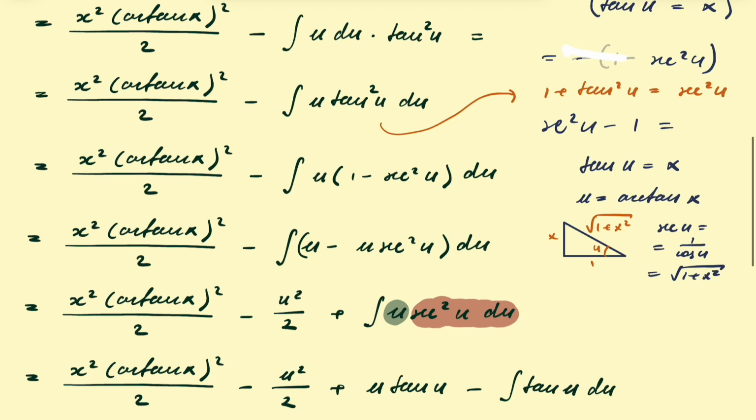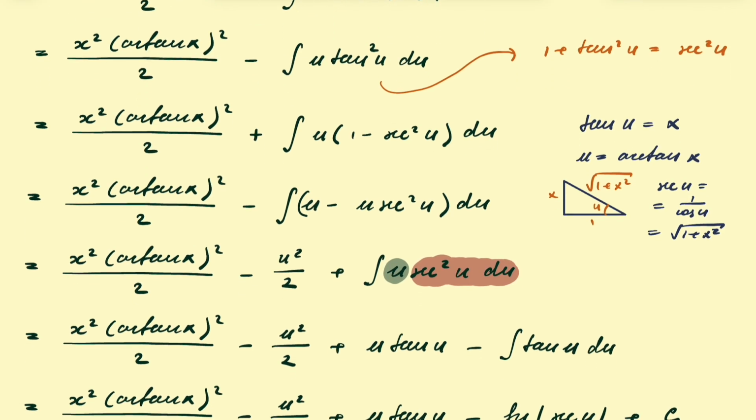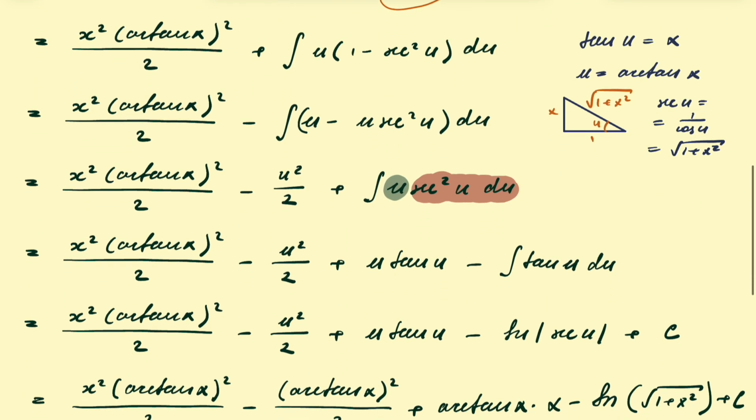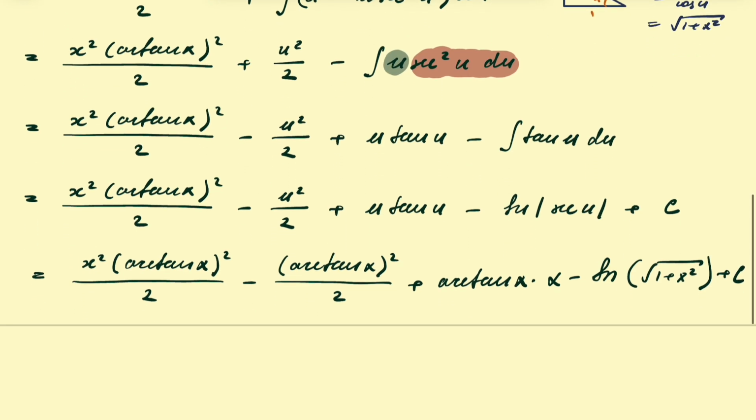Now I'll do so. Let's go step by step and correct the mistake. So here we have plus, right? At this point we have plus. Then here we also have plus. Then it means that here we have plus, where this is a minus. Also, at these two places we have pluses, right?